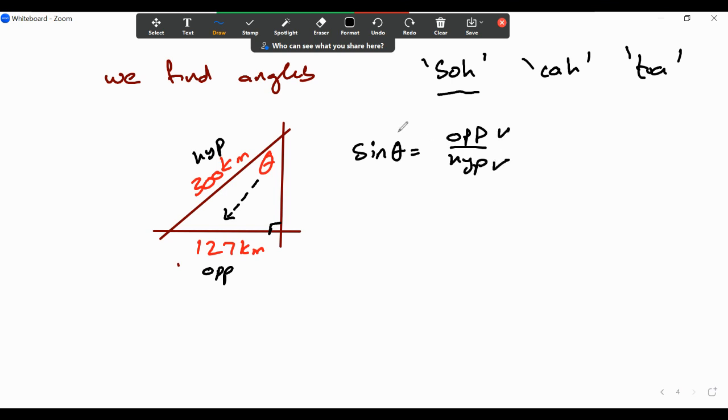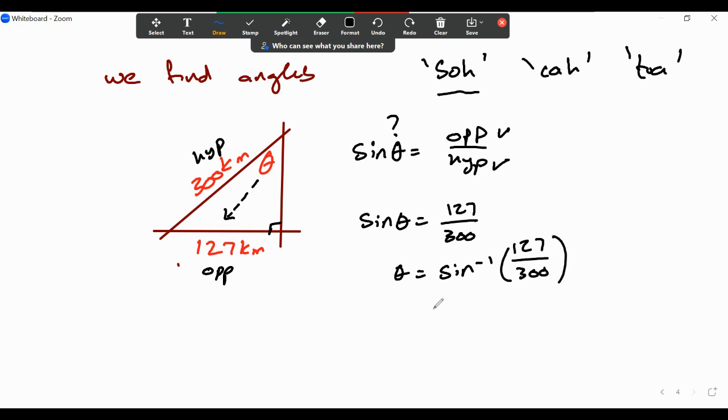I got that, I want to find that. So sine theta equals 127 over 300. Theta is going to equal sine to the negative 1, which means shift sine. And then theta is going to equal, from that, shift sine 127 over 300.